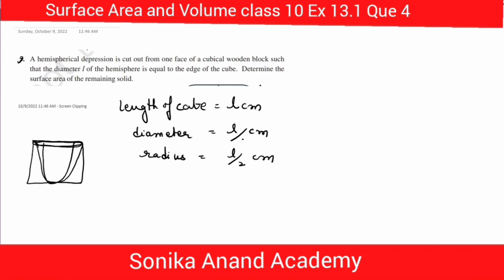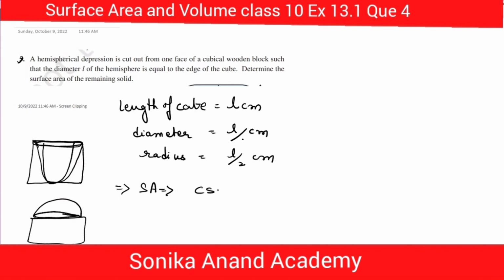Clear? Now surface area of the remaining solid. So whether it is on top of that, clear? And whether it goes inside that solid, both have same surface area. Please remember this thing.